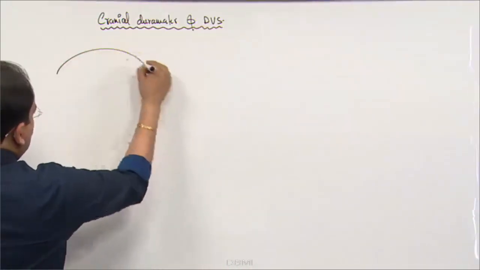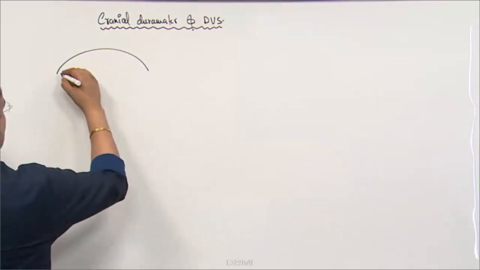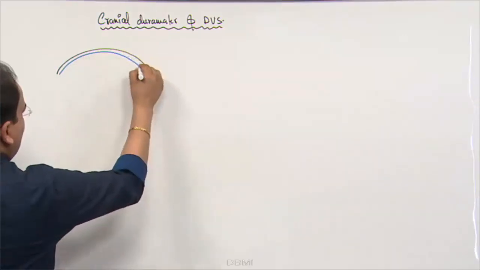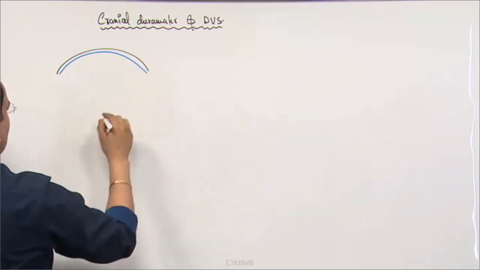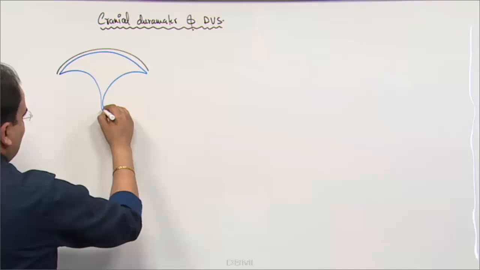If it is a coronal section of the skull, what I'm saying is we have two layers of dura mater. The one which goes along with the cranial cavity, that is the endosteal layer, and the one which goes along with the brain, that is the meningeal layer.